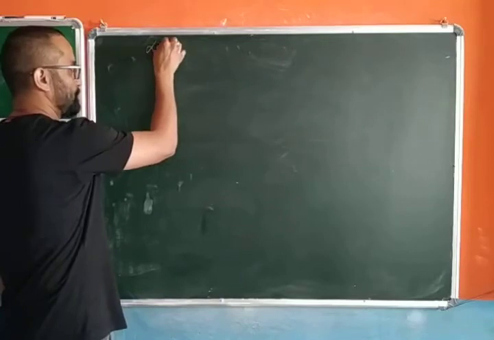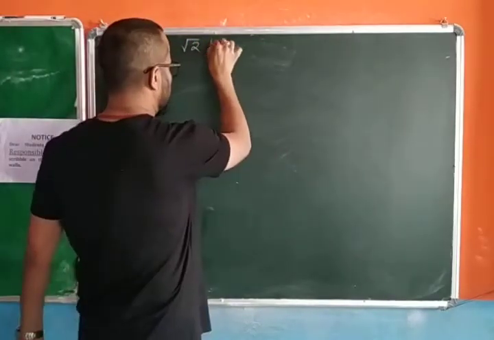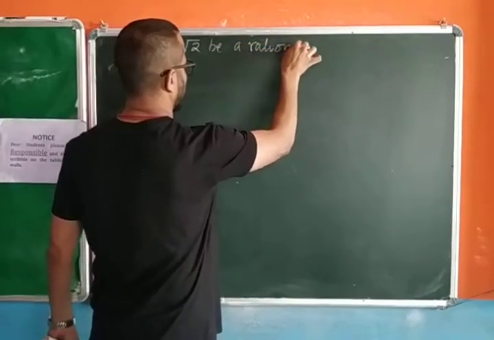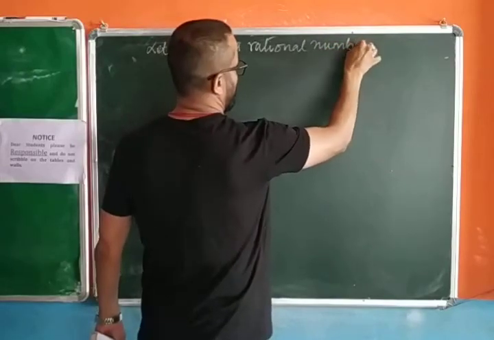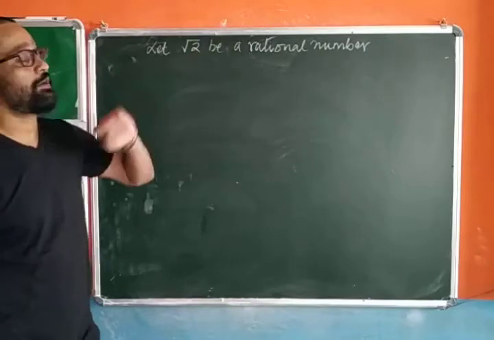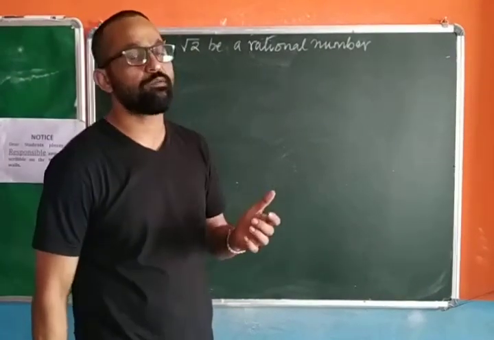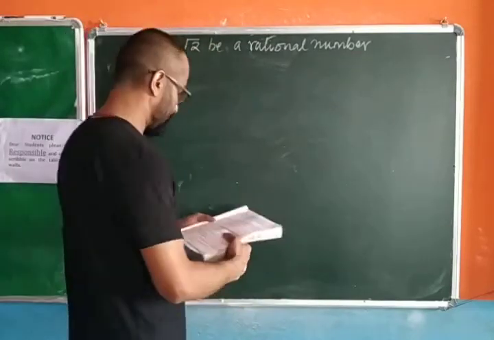Let root 2 be a rational number. If you cannot prove it as a rational number, it means root 2 will be irrational.